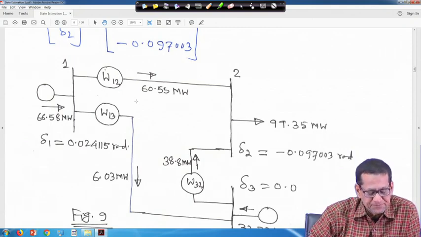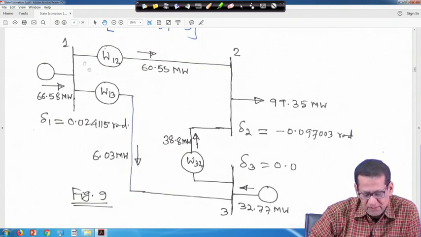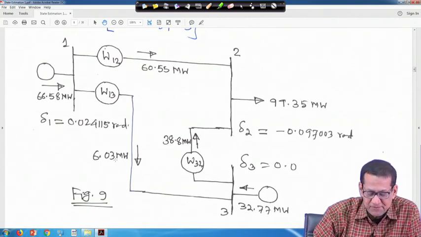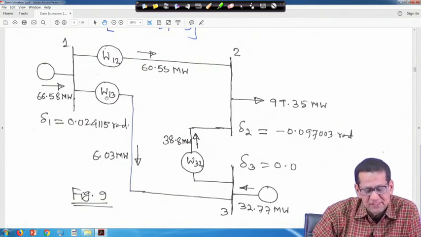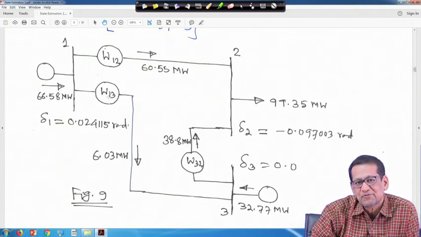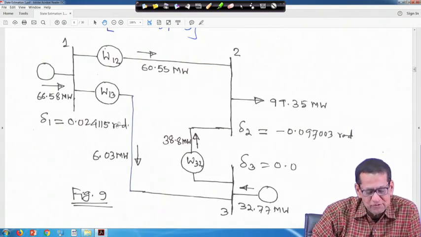Similarly here the power flow from line 1 to 3, sorry, it is actually 6.03 megawatt, but look, its meter accuracy is plus minus 0.3 megawatt. So, sigma is equal to 0.1 megawatt. So, accuracy is quite good, that is why it is very close to the meter reading, because the reading for meter W13 was 6 megawatt.